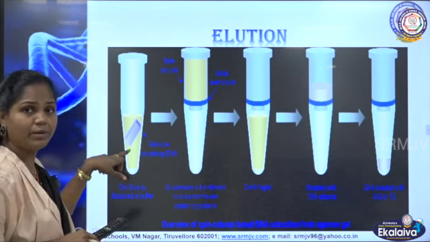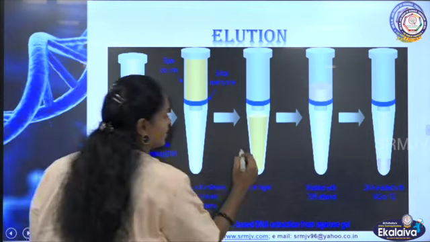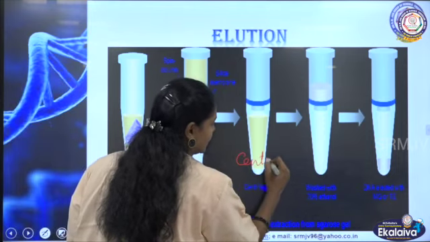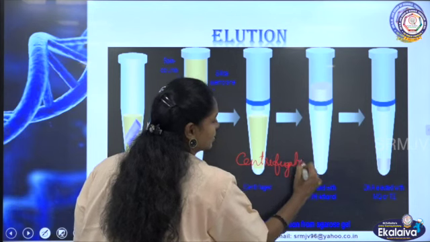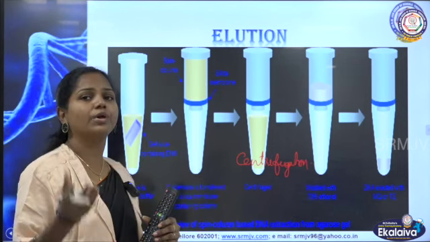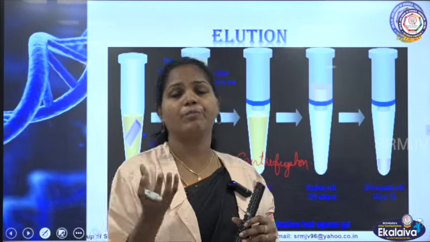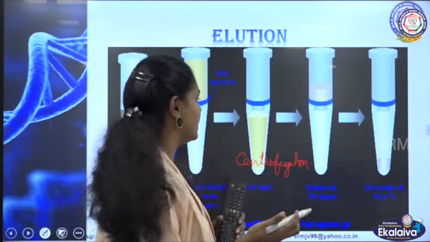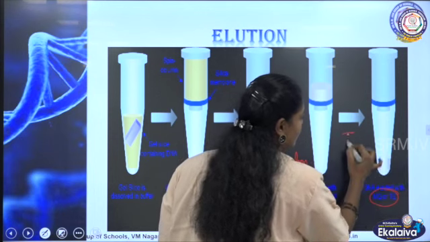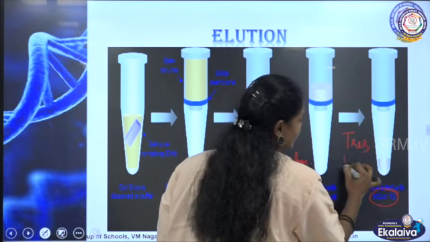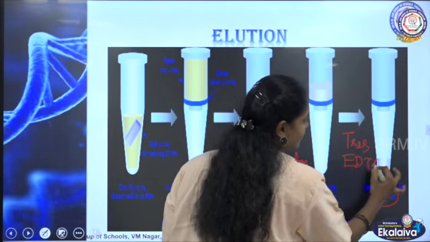It is dissolved in the buffer, then it is subjected to centrifugation. When you centrifuge, you can get your DNA in the form of precipitate, and this DNA is eluted with a buffer called Tris EDTA buffer.